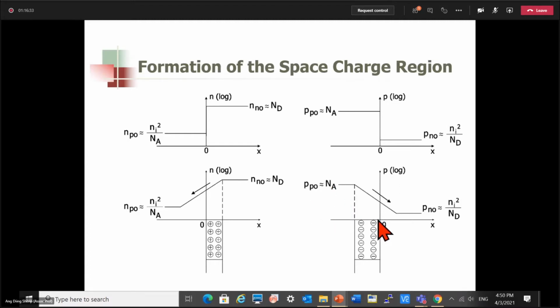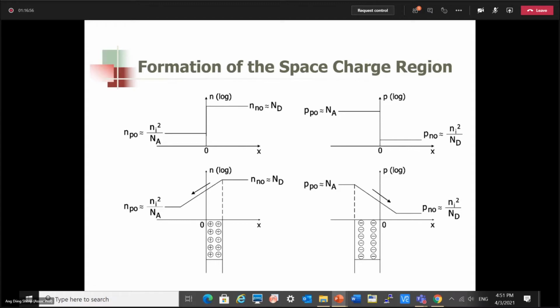This space charge region contains negative charges, and these negative charges are the ionized acceptor impurity atoms. These negative charges are not the electrons that diffuse from the N over to the P. So take note of that.